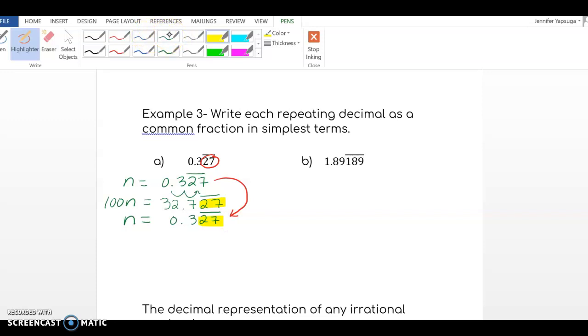So now, if I were to, let's say, subtract these 2 equations from each other, I would get 100n minus n is 99n, and 32.727 with the bar over it minus 0.327 with the bar over it now becomes 32.4.